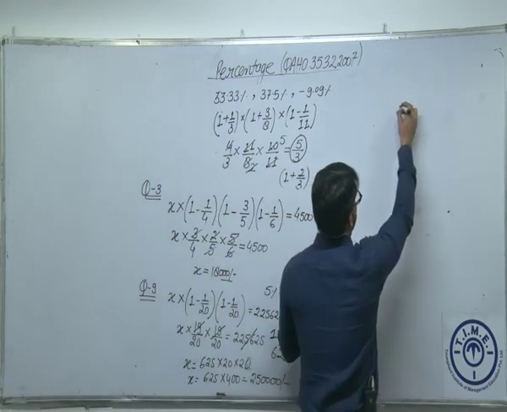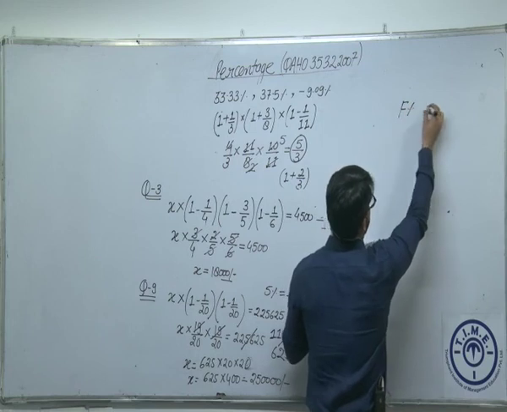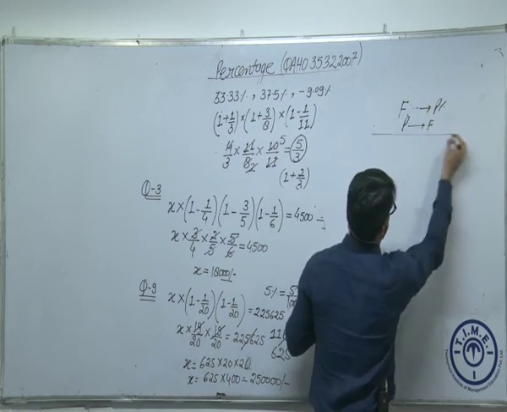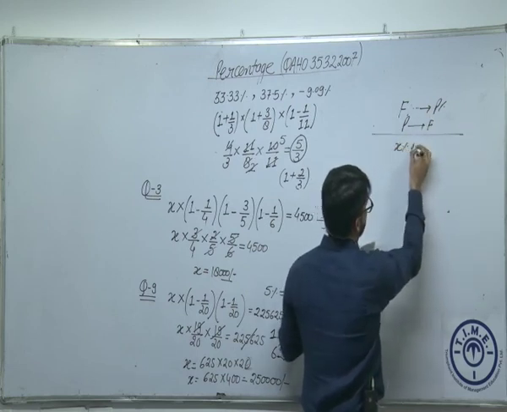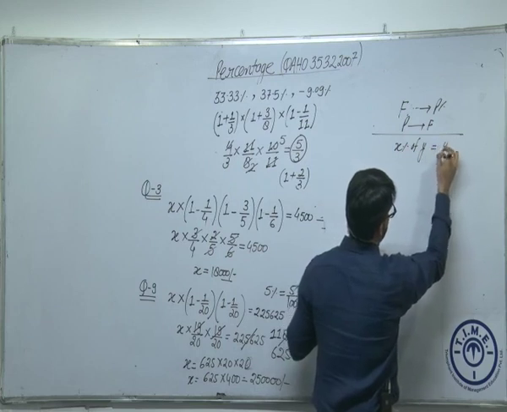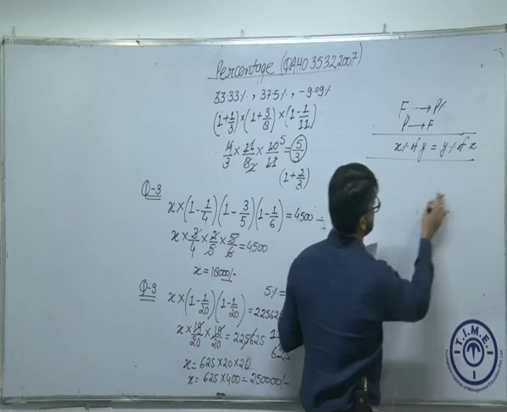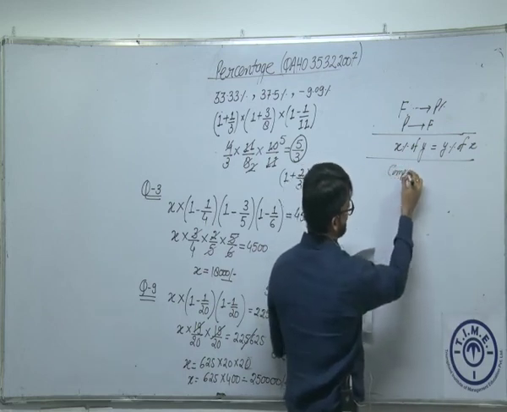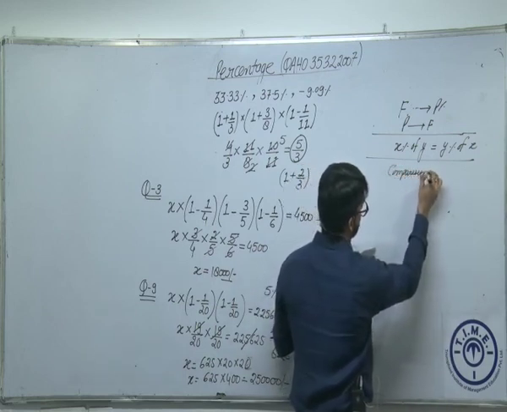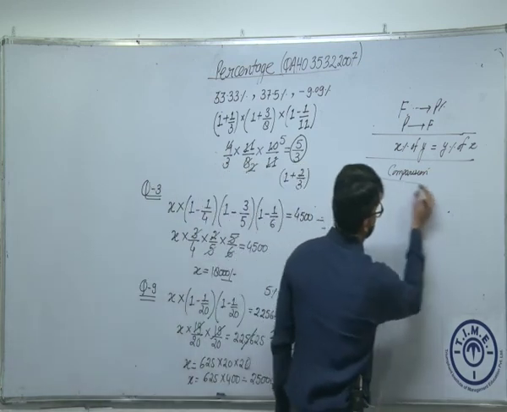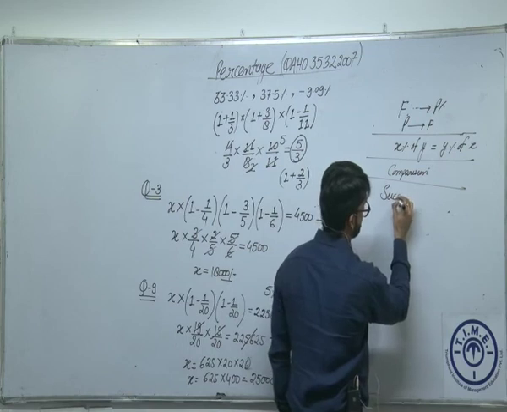Fine. We did fraction to percentage, percentage to fraction in the first part, that we understood that x% of y is equal to y% of x. Then the comparison part we did, A is what percent of B, B is what percent of A. Then we did successive percentage change.